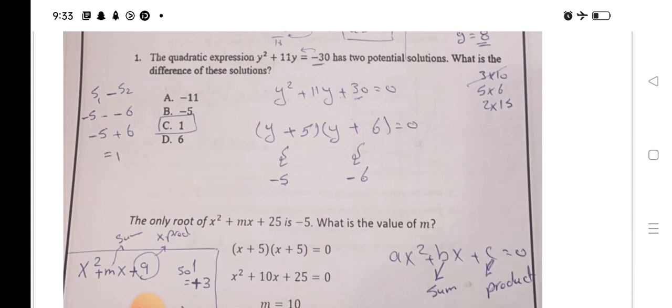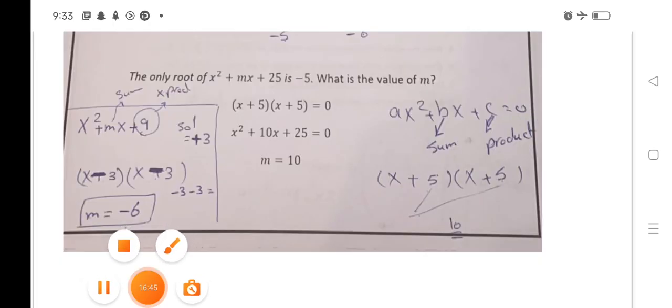Easy? I hope so. The only root of x squared plus mx plus 25 is negative 5. Root? What root? Root means solution. The question gives an equation and says that the solution is negative 5. What's the value of m?